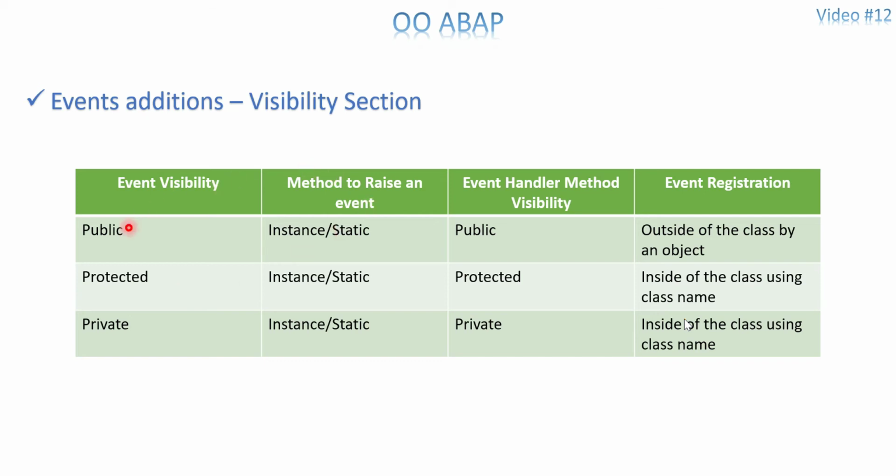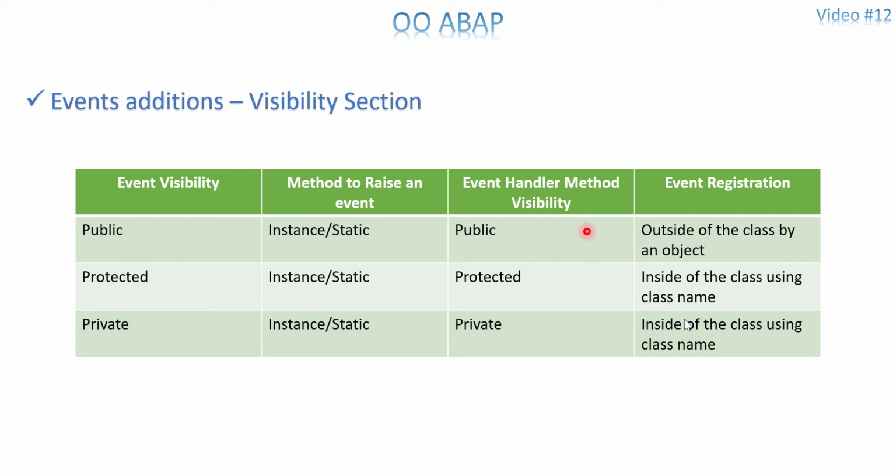If you create any event as public, like in the previous video where I created a public event only, the change comes in the event handler method. Raising an event could be instance or static, no change in that, depending on the visibility. You can use any method to raise an event, but the event handler method has some restrictions.